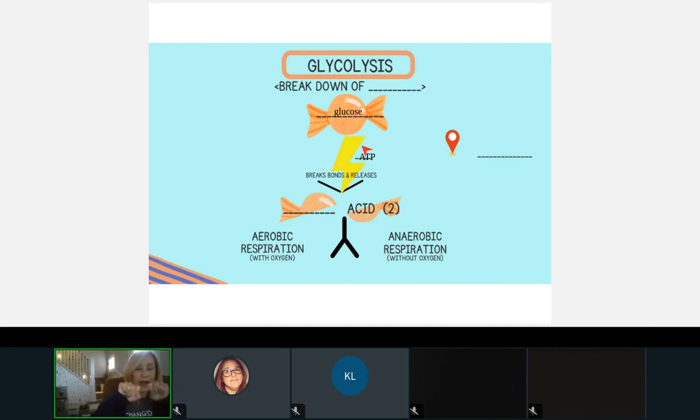Our cells break glucose into two pieces of what? What are those two pieces called again that we get as the products of glycolysis? What goes right here? Yes, pyruvic acid.